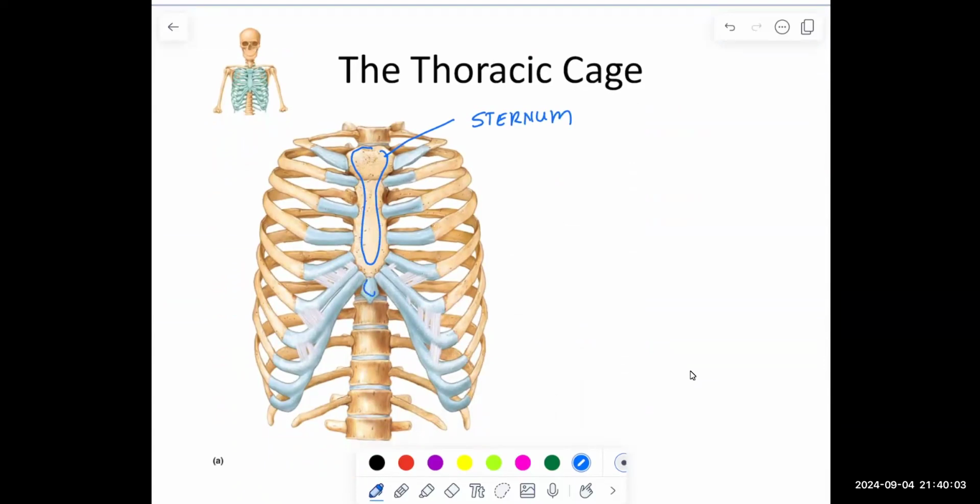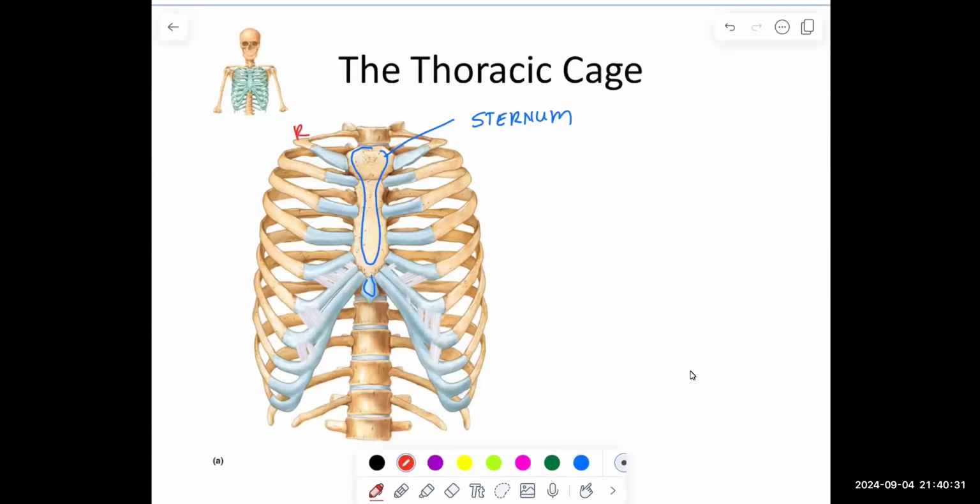Technically, this is part of the sternum too. How many ribs do we have? We have 12 pairs. 2 ribs for every thoracic vertebra. So the ribs are all attached to the thoracic vertebra.